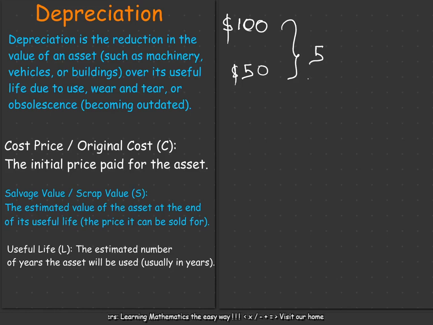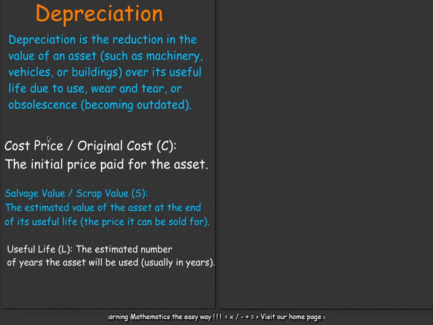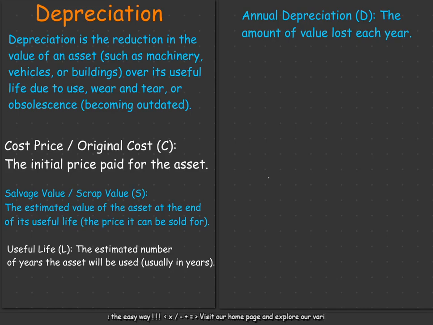That simply means that after every year, it is losing what? A value of $10 every year. That is what we call our annual depreciation. So the annual depreciation, represented with D, is the amount of value lost each year. The amount of value that is lost each and every year.